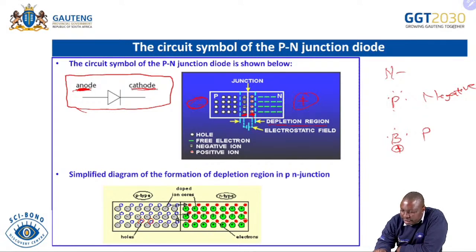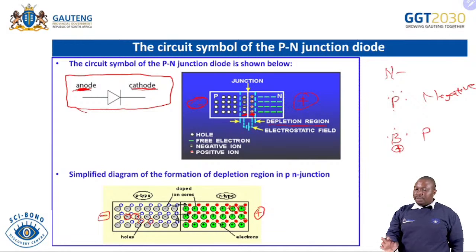Then with the movement, leaving this side, you can see we've shown only negative this side. All these are negative, but this side they are positive. So hence on the P type we'll have a negative charge. The net ions there will be negative charge, and the net ions there will be positive charge. That is when we're creating our anode and our cathode.